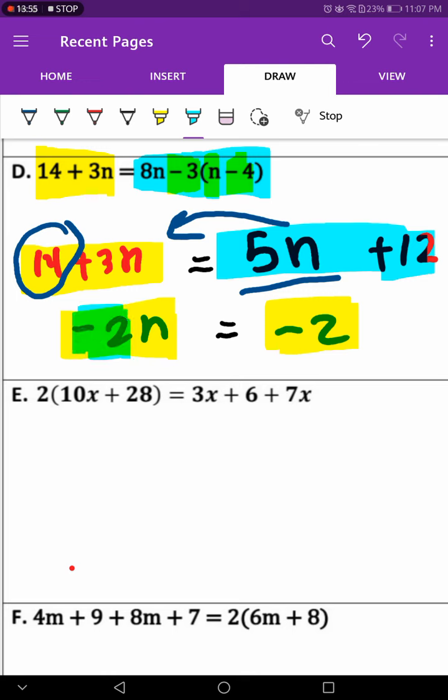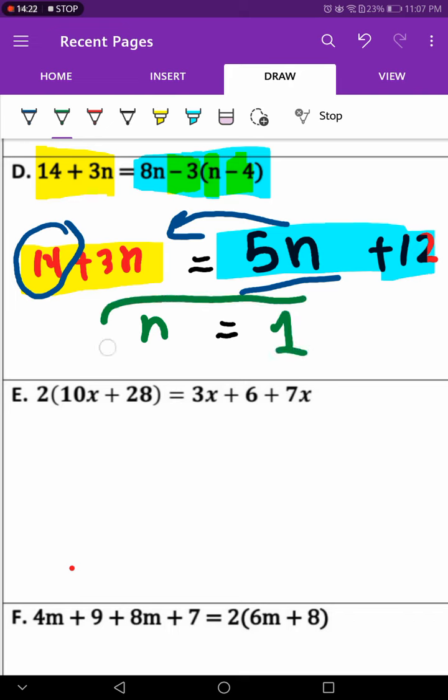The letter is called the variable, and the number that sticks to it without any operation between them we call the coefficient. Now I divide both sides by the coefficient, negative 2, so this will be cancelled, the n will be alone here and happy, and negative 2 divided by negative 2 equals 1, so the answer is n equals 1.